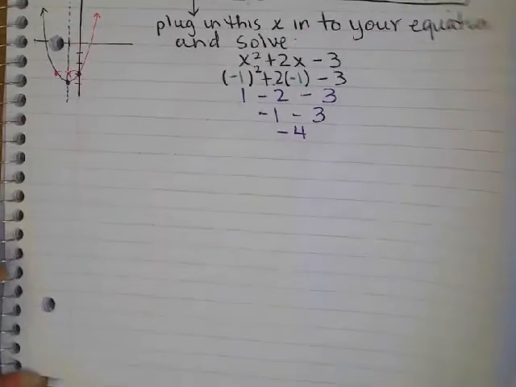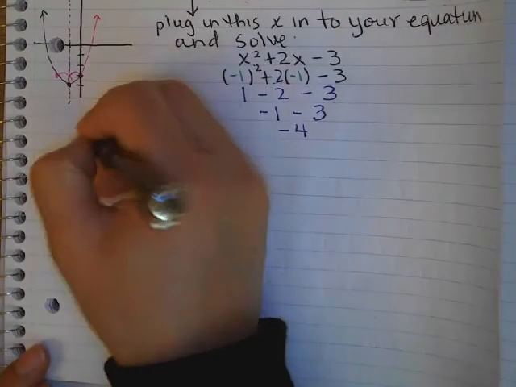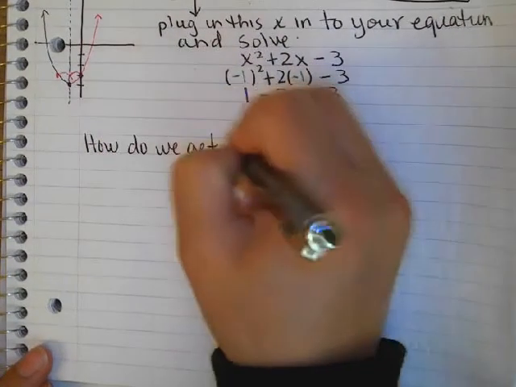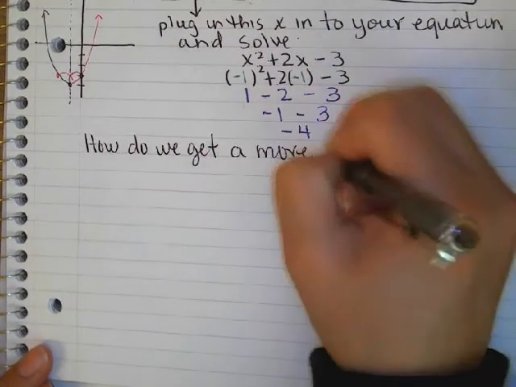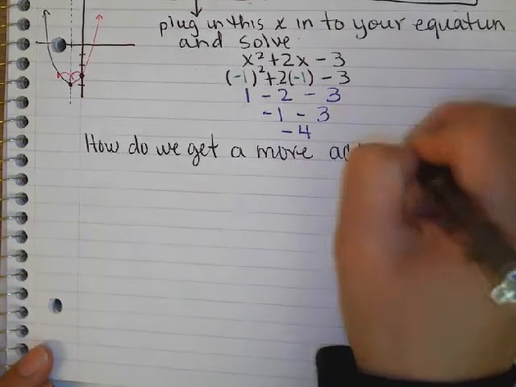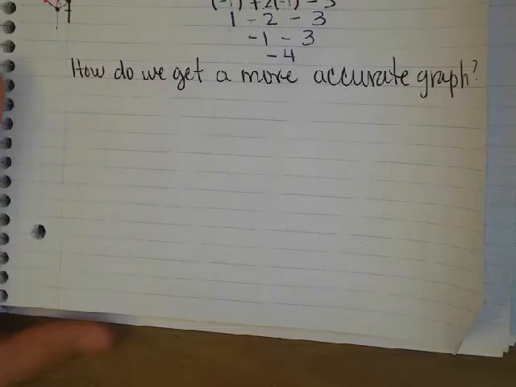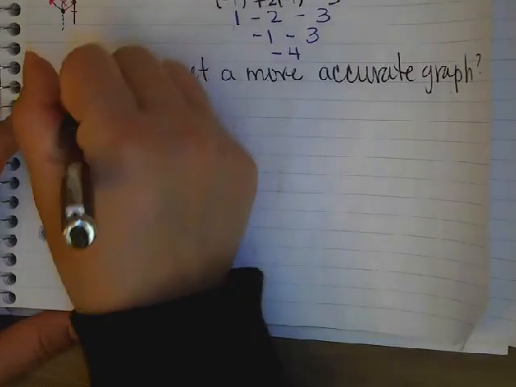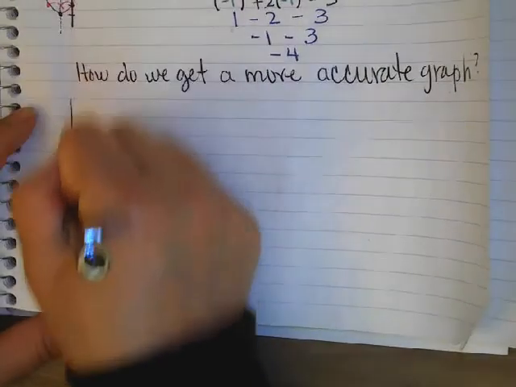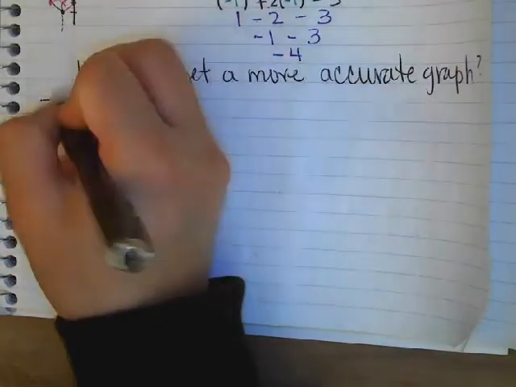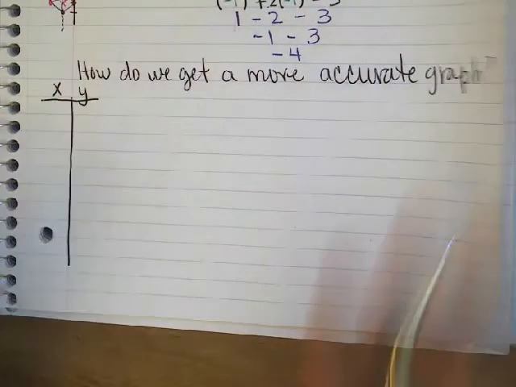All right? So how do we get more numbers? You make a table. Let's put a little note. How do we get a more accurate graph? Well, you're going to create a table. Now, the question that students always have is, I don't know which numbers to include in my table.